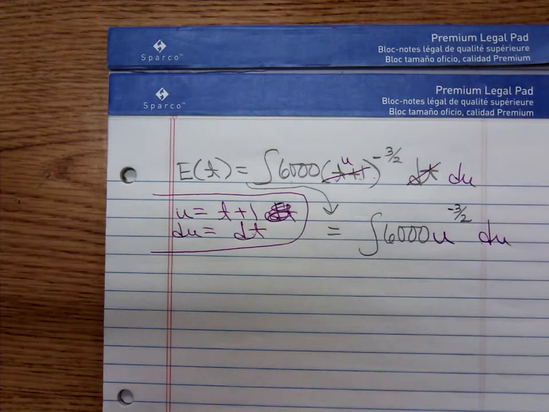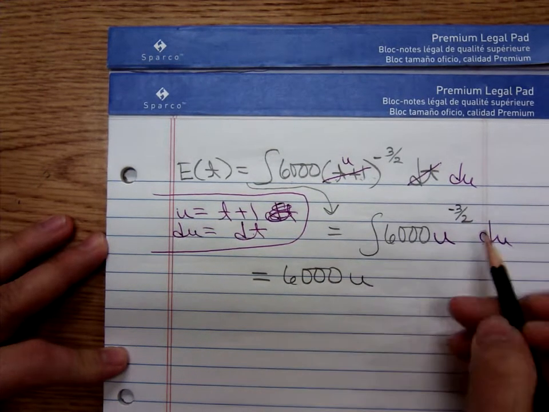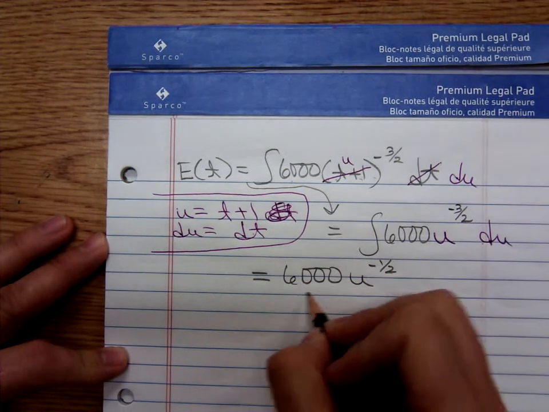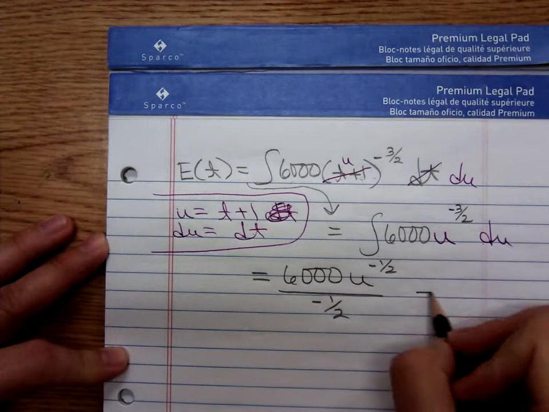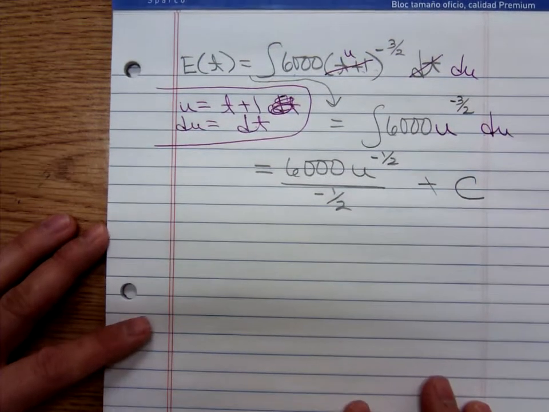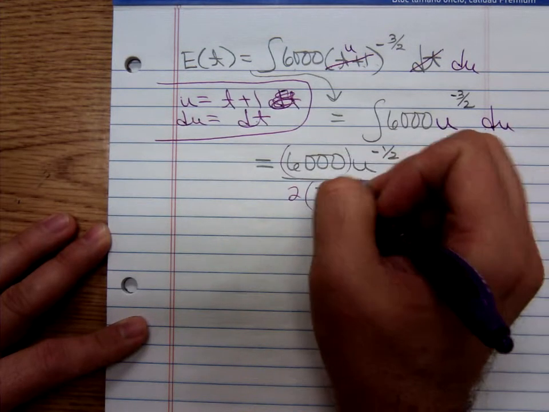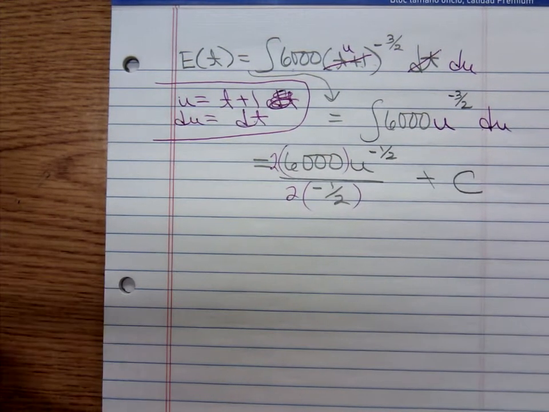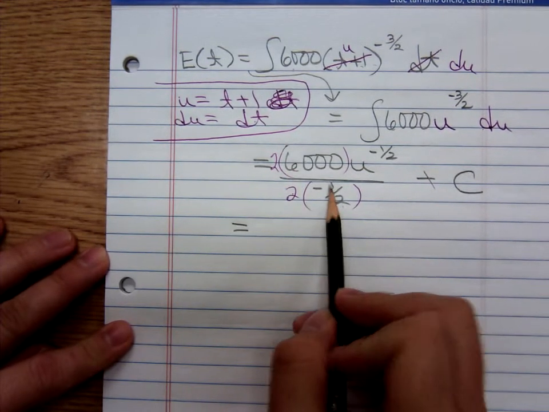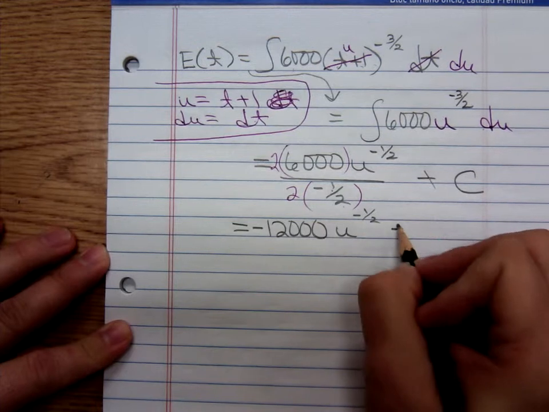So that's 6,000, u, add 1, negative 3/2 plus 1, that's a negative 1/2, divide by negative 1/2, plus my constant c, and multiply above and below by 2. That'll then give us, well, the 2's will cancel, so that's a 12,000 divided by negative 1. That's a negative 12,000, u to the negative 1/2 plus c.